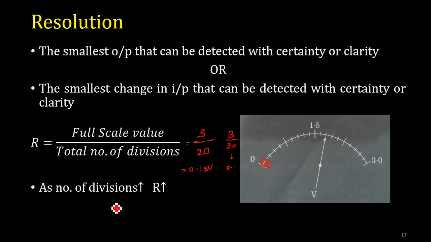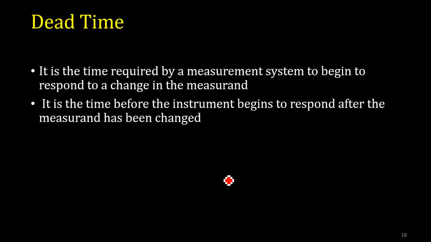That is given by the resolution. As the number of divisions increases, the resolution improves. Though the magnitude of resolution has decreased from 0.15 to 0.1, the resolution has improved. That is, you are able to measure smaller inputs or show smaller values. So you have more resolution for that particular meter.